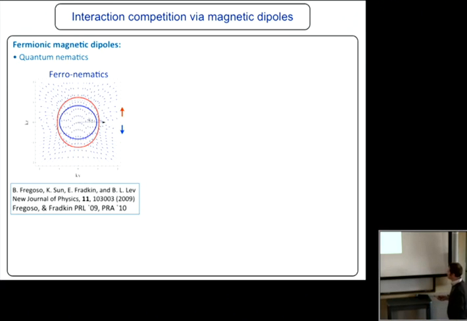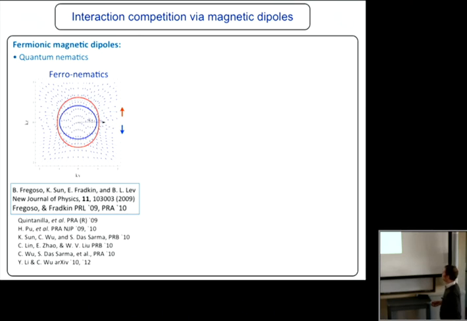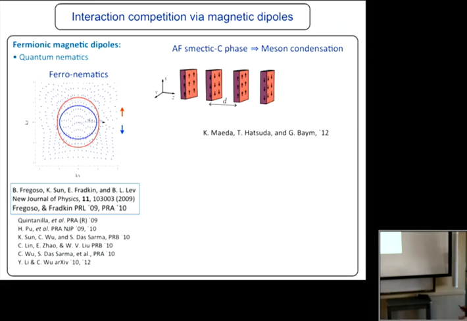So I think the first theory on looking at these nematics, true nematics in dipolar atomic systems was done in collaboration with Eduardo Fradkin while I was at Illinois, and followed up by looking at these ferronematics. And since then, there's been a tremendous outpouring of wonderful papers showing all the different variety of phenomena that can arise from Pomeranchuk instabilities coupled to spinors in these dipolar systems.